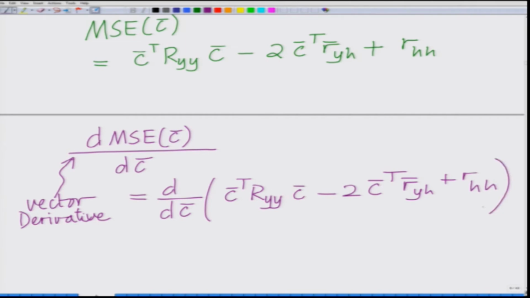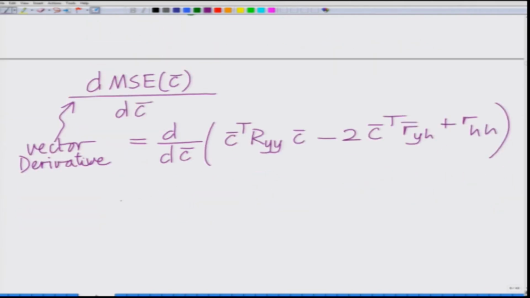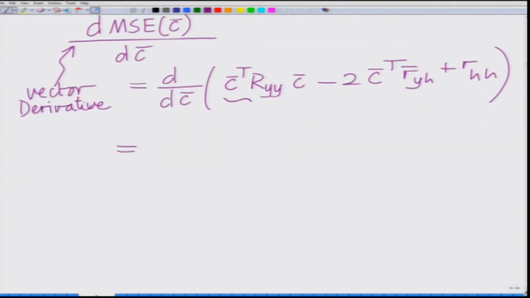plus R hh. Now, you can see the first term is of the form C bar transpose P C bar, so its derivative will be twice P, here the matrix R yy.